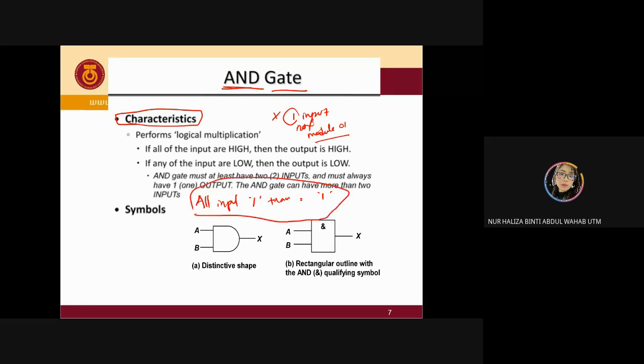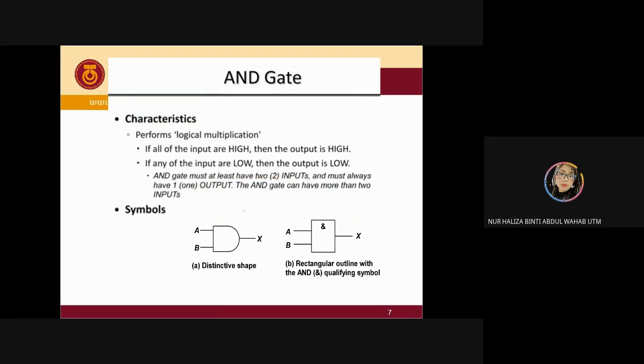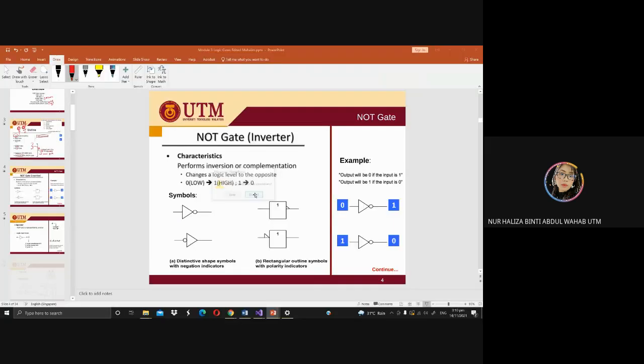But of course, maybe mine is not similar to yours, how you are going to memorize the characteristic for the AND gate. It depends on you also, right? So for mine, I am okay with the sentence: all inputs 1, then I will get the output 1. And this is the symbol, the normal symbol that we always use.